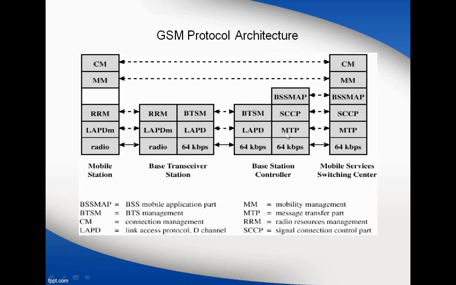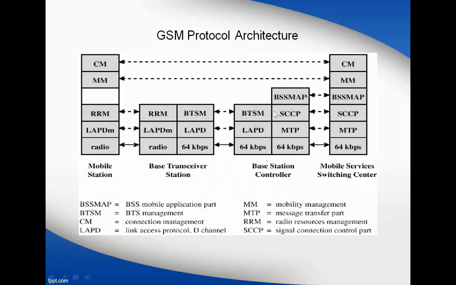Here only MTP plays a role, because this BSC is going to take care of message transmission, and it is going to transmit it to its higher hierarchy through a kind of transport mechanism, for which we need the SCCP.